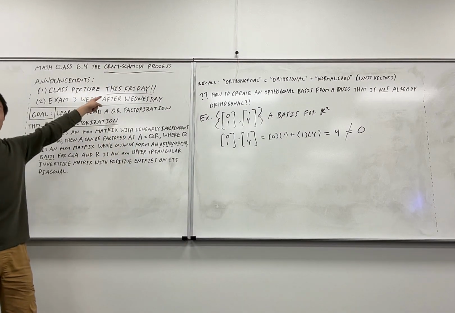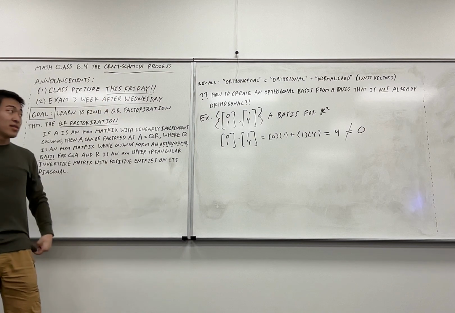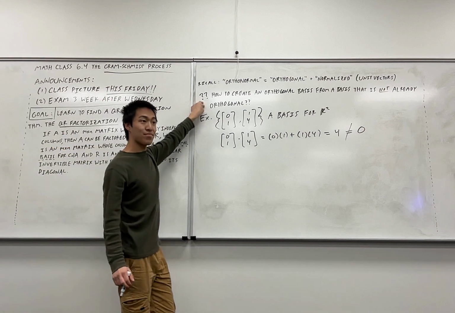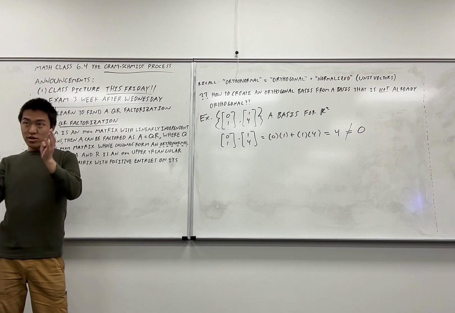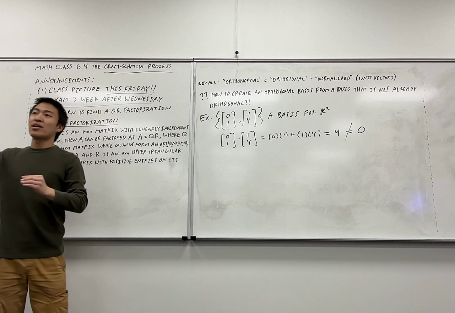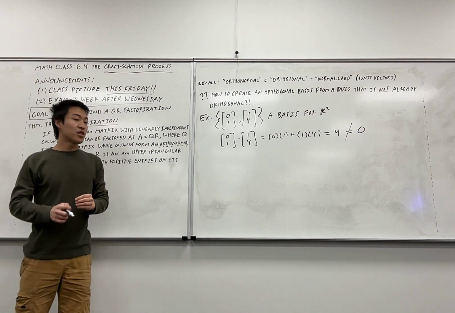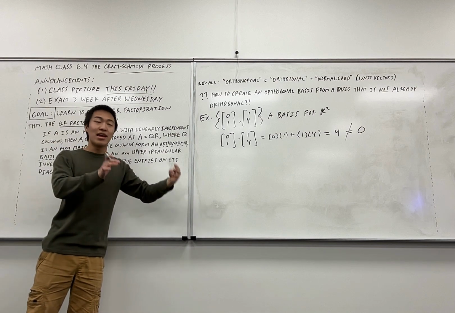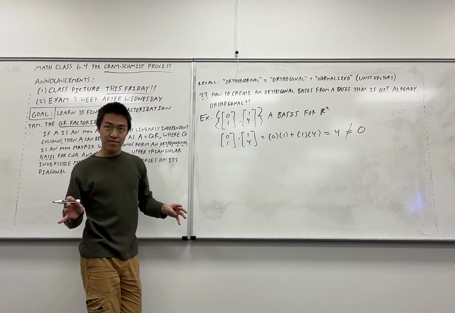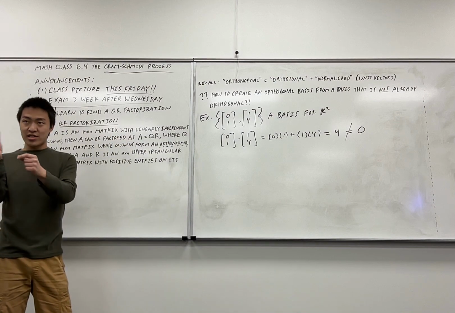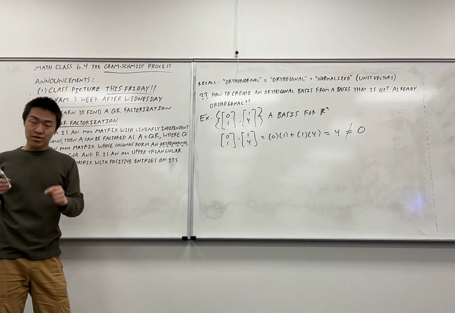Gram-Schmidt is filling in this gap: you can have a basis where the vectors aren't orthogonal to each other, but by going through the algorithm, you will end up with a basis that spans exactly the same thing, so you don't change what you span, but now the vectors are all orthogonal to each other.